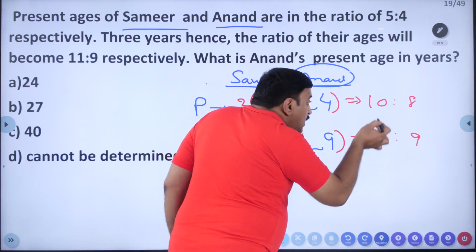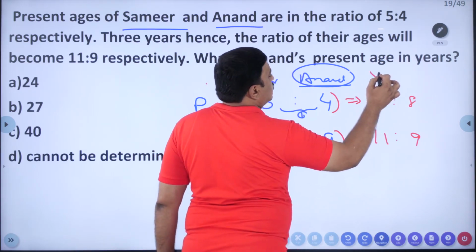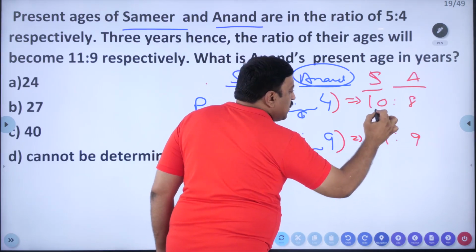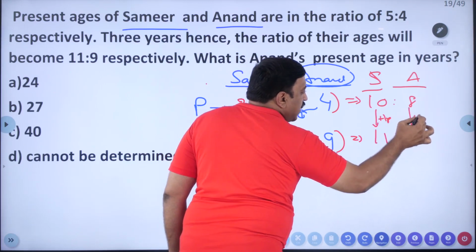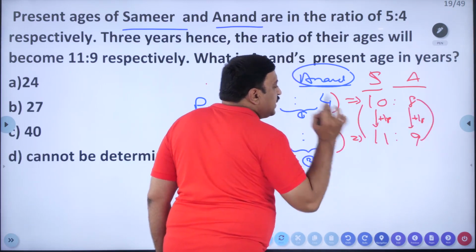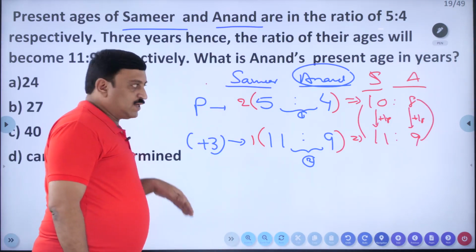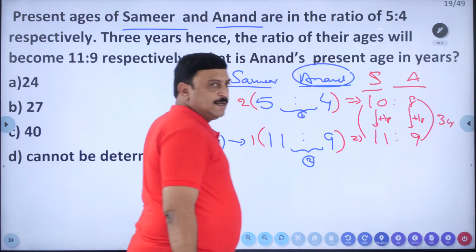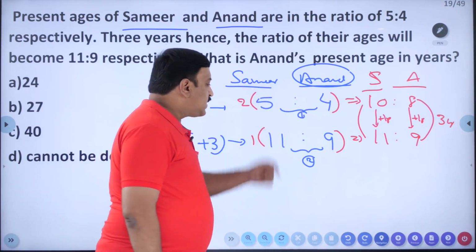But you have to see the parts of the respective persons, this is Samir and that is Anand. So the difference is how many parts here? 1 part. Here how many parts? 1 part. This is equal to how many years? 3 years, after 3 years. So 1 part is equivalent to how many years? 3 years. Once we got 1 part is equal to 3 years, directly our logic has come.